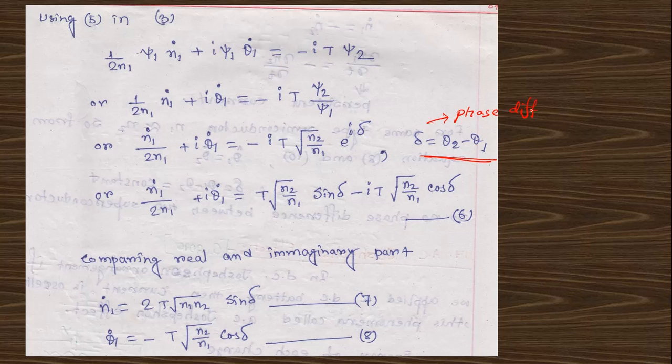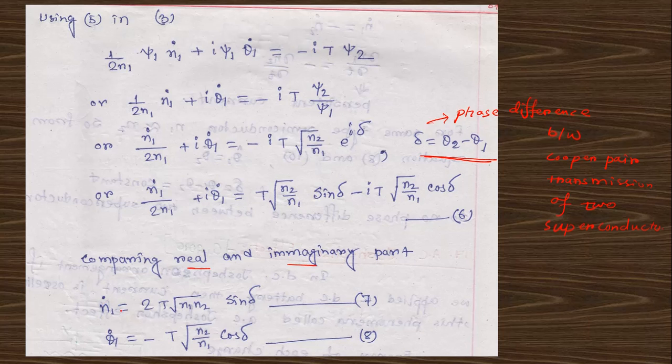The delta is the phase difference between the Cooper pairs of the two superconductors. Okay. Just after that, if we compare the real and imaginary parts, the real part will be equal to this, and the imaginary part will be that.